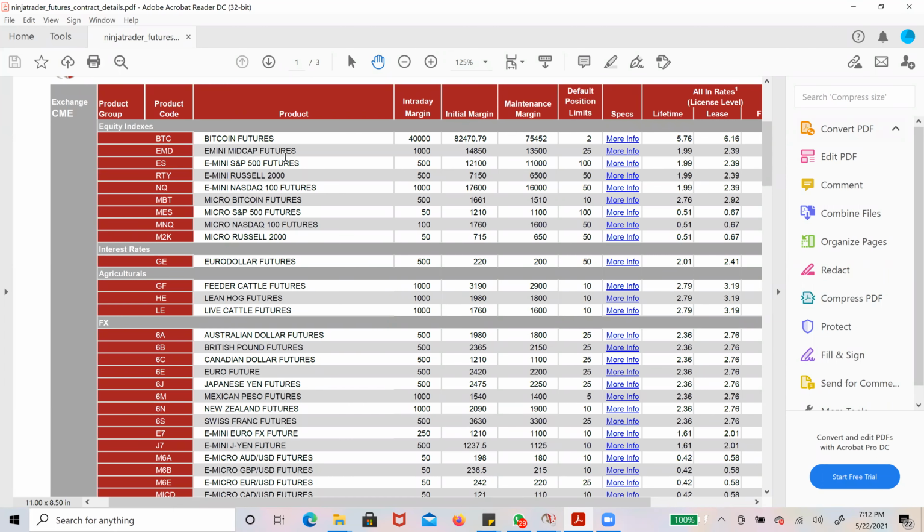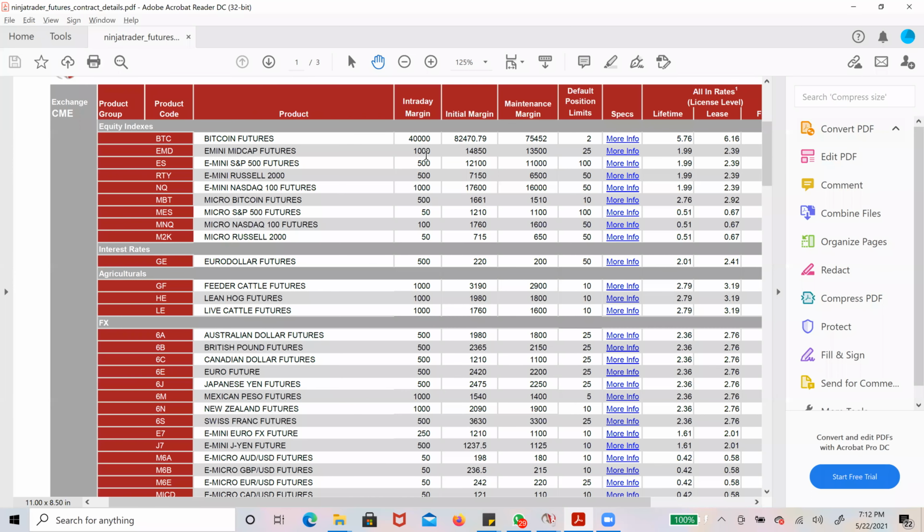You can do a long on the BTC as well on the NinjaTrader account. Okay, your minimum margin balance required is 40,000 USD in the US. Again, we have to look at it from the Canada perspective, what margin they are looking for, but this is what the US is looking for. Your account should have at least 40,000 USD to trade a position in Bitcoin.